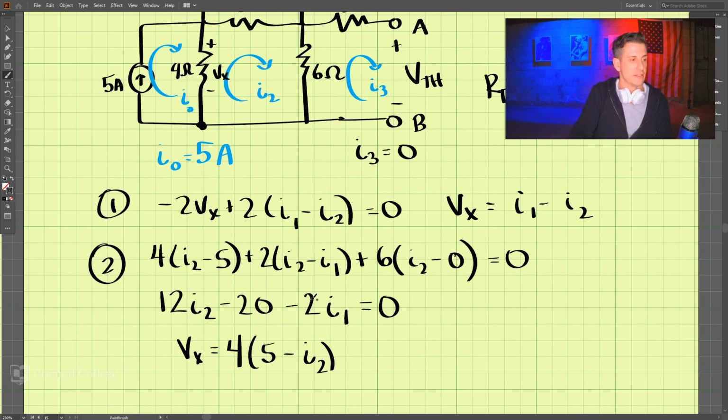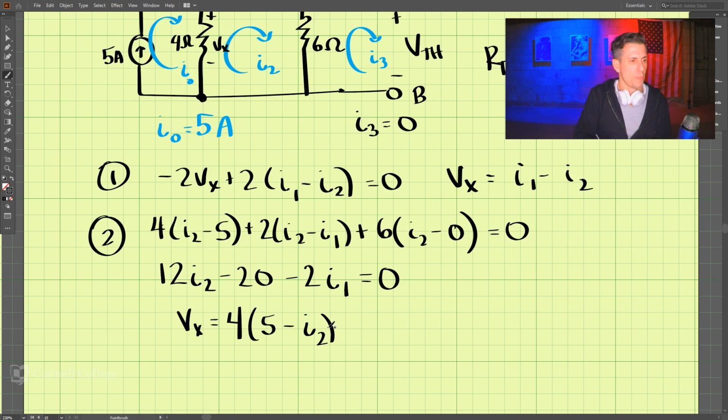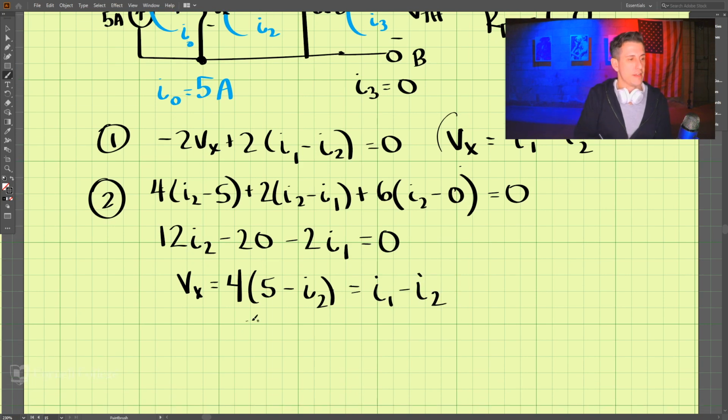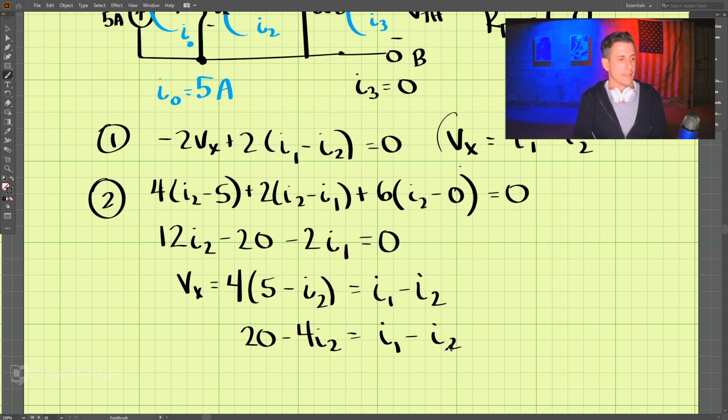So Vx is that, and we'll put that in here, which is equal to I1 minus I2. And so that is 20 minus 4I2 equals I1 minus I2.